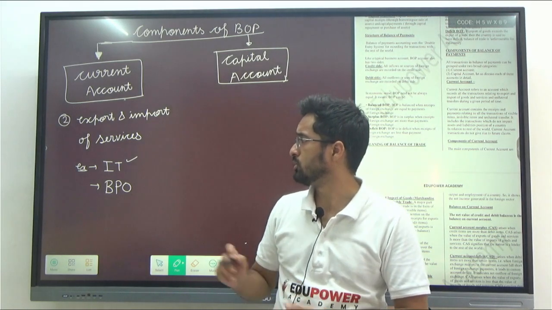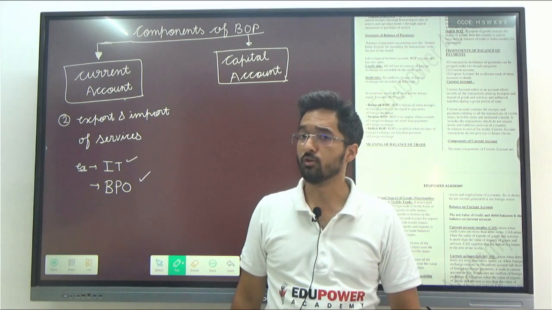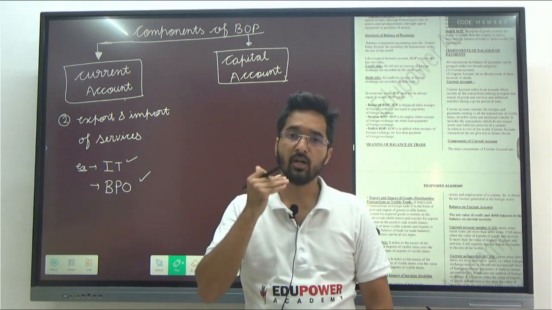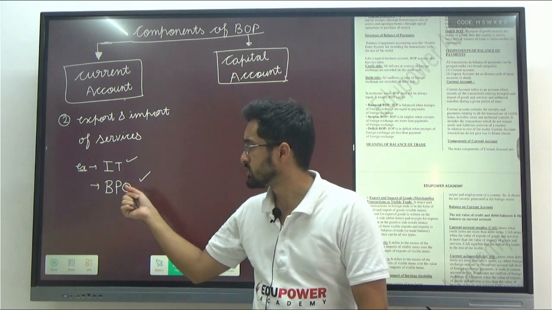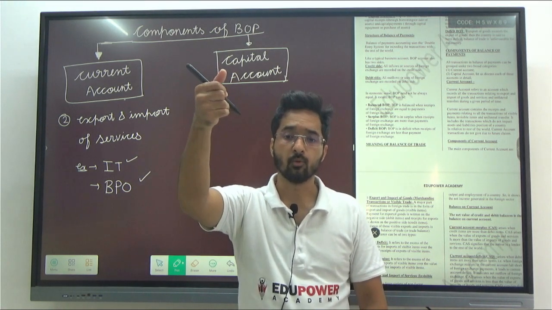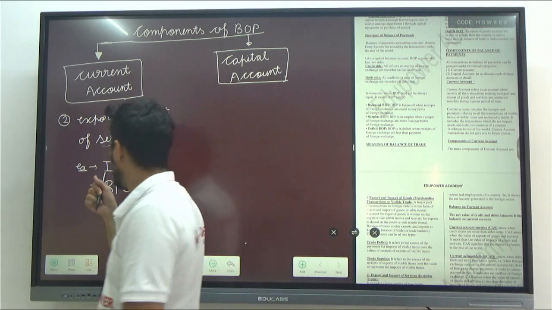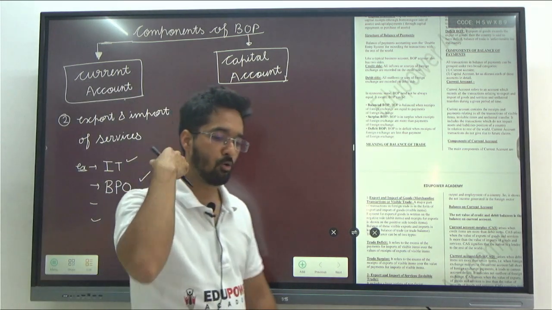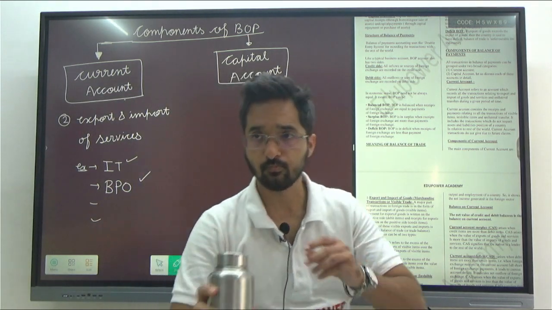Here also this will be recorded on the credit side of the BOP, because the call center is providing them services, and in return they are providing us money. IT, BPO, banking, shipping, all of it comes under services.